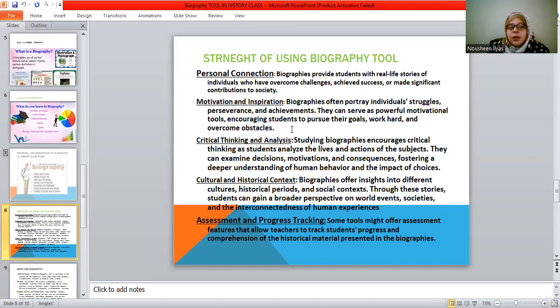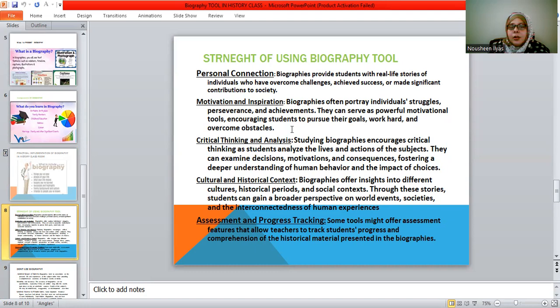Third thing is critical thinking and analysis. Studying biographies encourages critical thinking. Obviously, when we are reading the biography of Mother Teresa, there are so many questions that come in my mind, and I will think and analyze why did she do this?